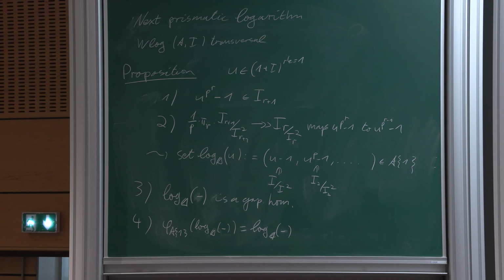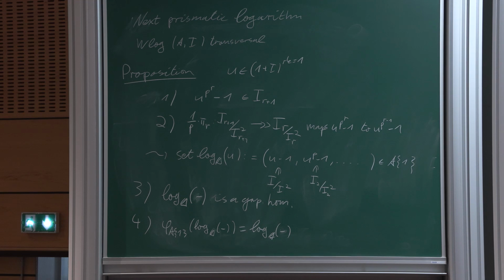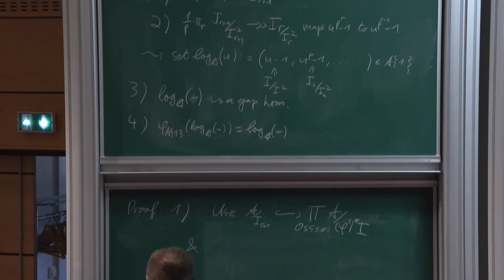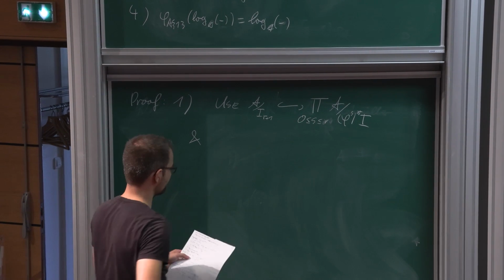We can use the injection of this quotient A mod I_r into the product of A modulo the Frobenius to the s pullback of I. And then we have to check that this element maps to 0 in each of these factors.